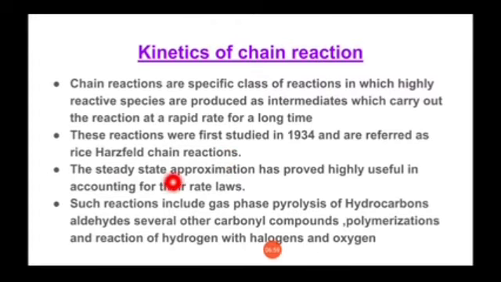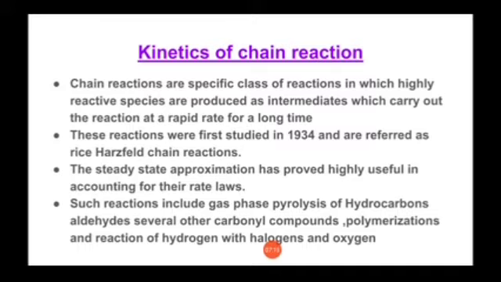And the steady state approximation has proved highly useful in accounting for the rate laws. Students, we have discussed two different approximations, that is equilibrium approximation and steady state approximation. In this chain reaction we will use the steady state approximation. Why? Because here it is difficult to find out the rate-determining step.